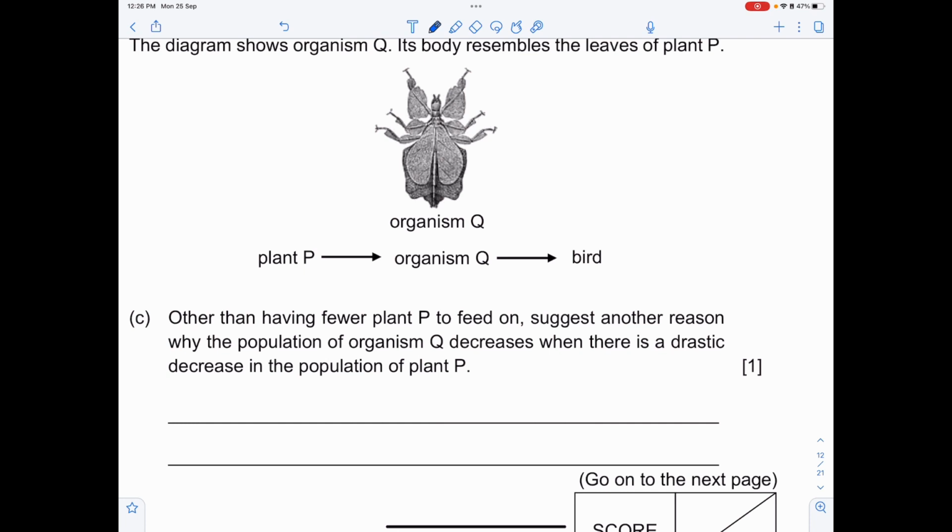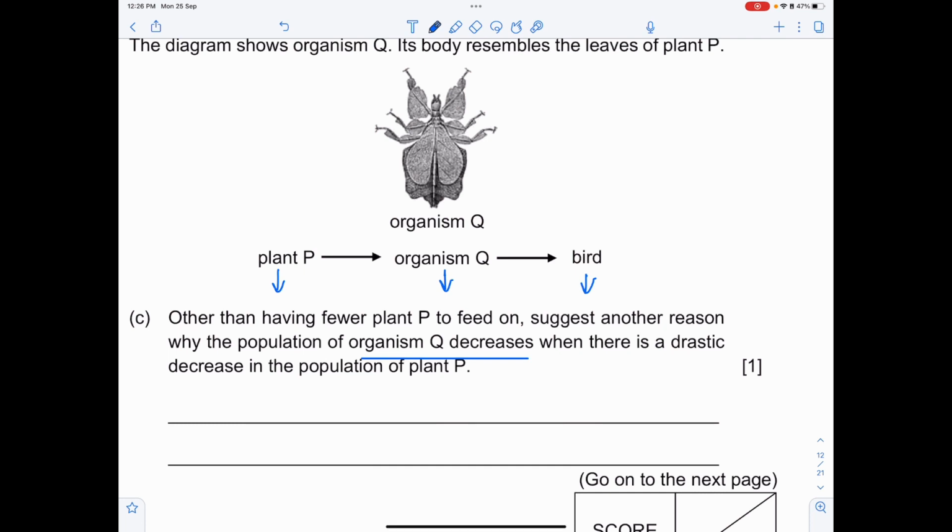So in P, they said that P decreases. So when P decreases, Q will actually go down as well, and then your bird will go down. So why will your Q decrease?